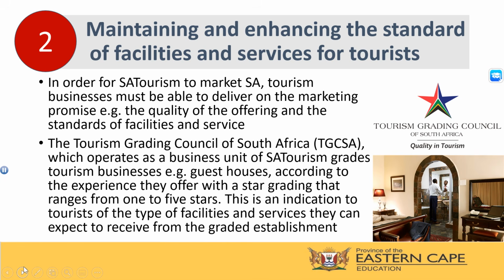So a tourist must be able to be reassured that a 5-star establishment in one place is on the same level as a 5-star establishment in a different place. And so that is one way of maintaining the standard of facilities and services, but also enhancing the standard of facilities and services for tourists.